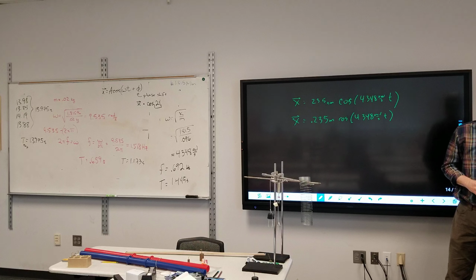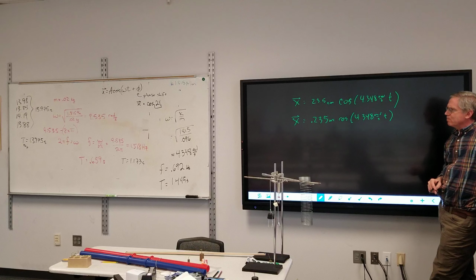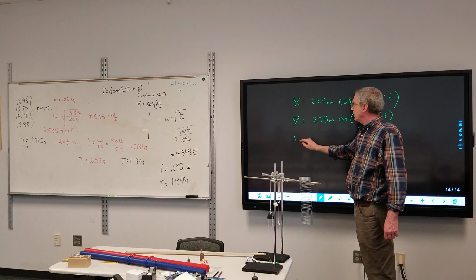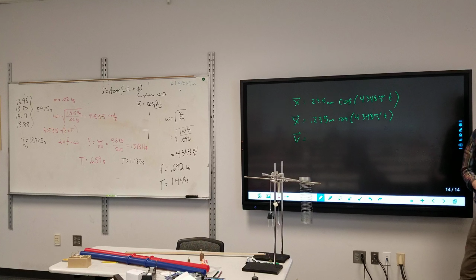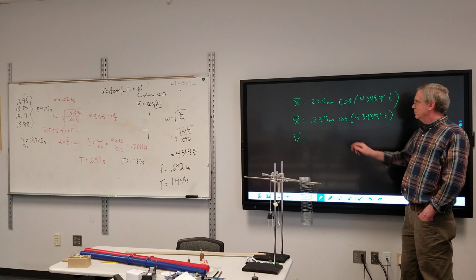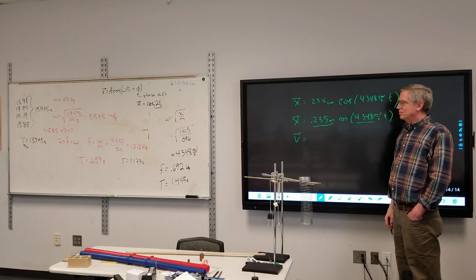What's my maximum speed? What's my velocity versus time graph going to look like? Or what's the equation for velocity versus time? Amplitude, omega, sine.